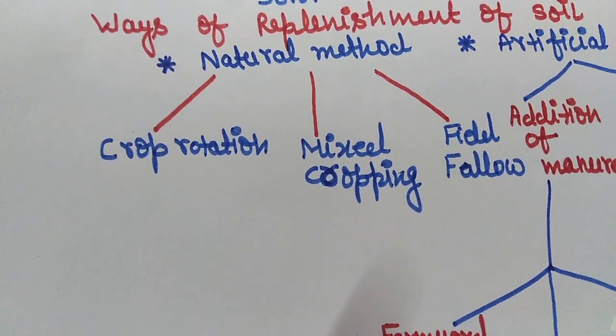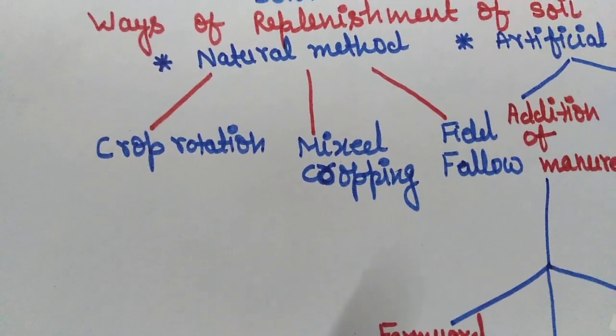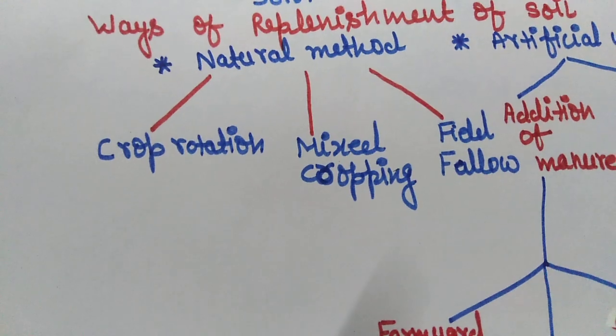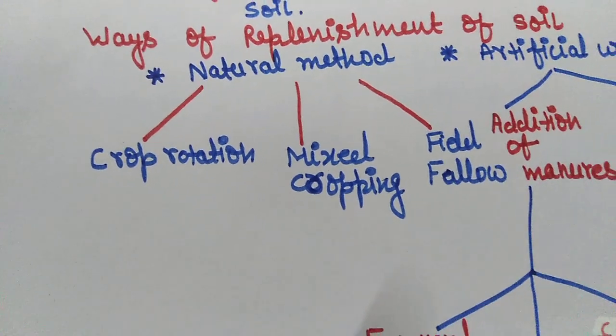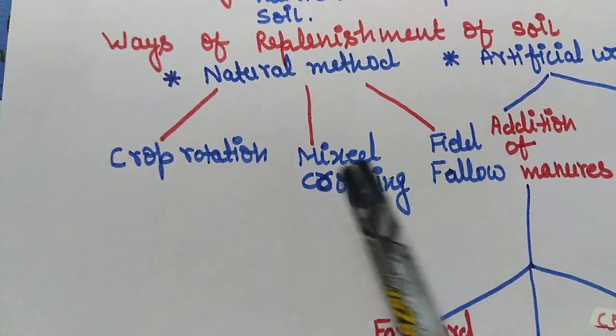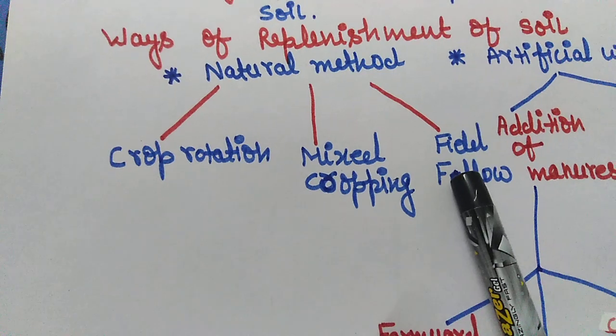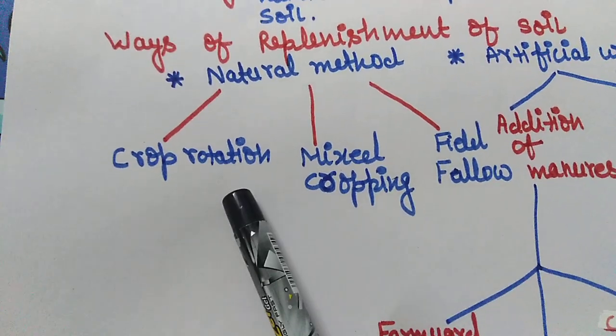The dead remains of plants and animals in the field get decomposed by microbes. Now all these are the methods used by the farmers for replenishment of the soil to reduce the deficiency of the nutrients.